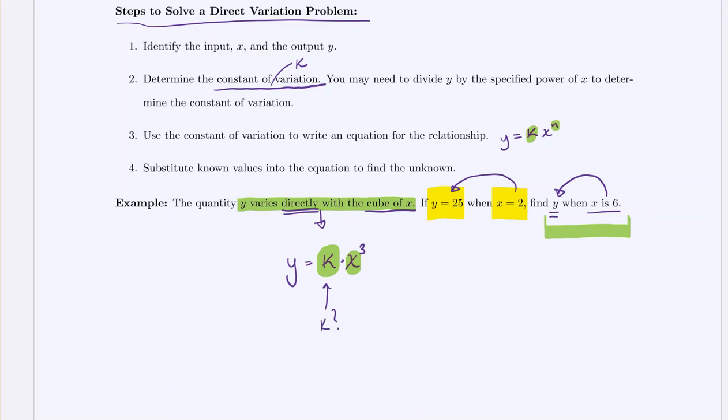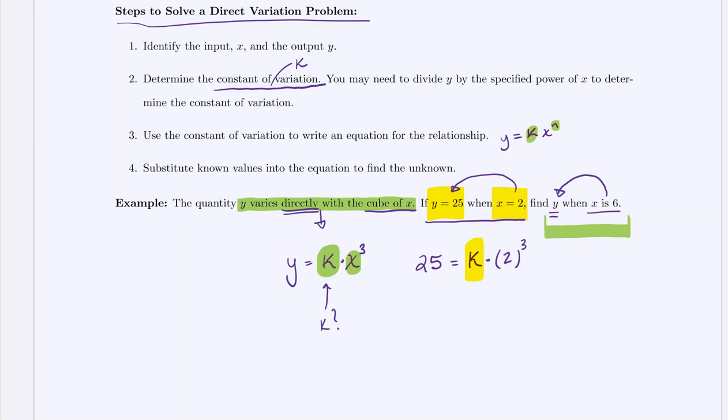So before we can go directly to our goal, we've got to go back to the information they gave us, because with this xy pair, notice if I rewrite the equation, y is now 25 and x is now 2. Do you see that I wrote an equation that was originally in three variables, now down to a single variable equation?